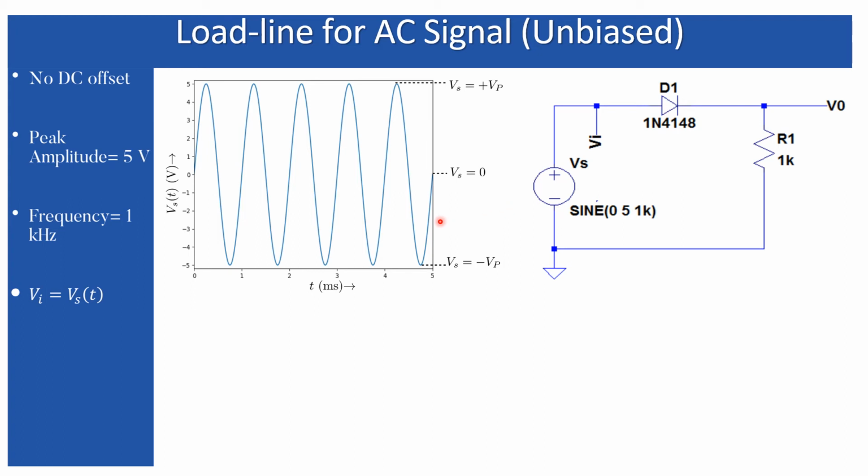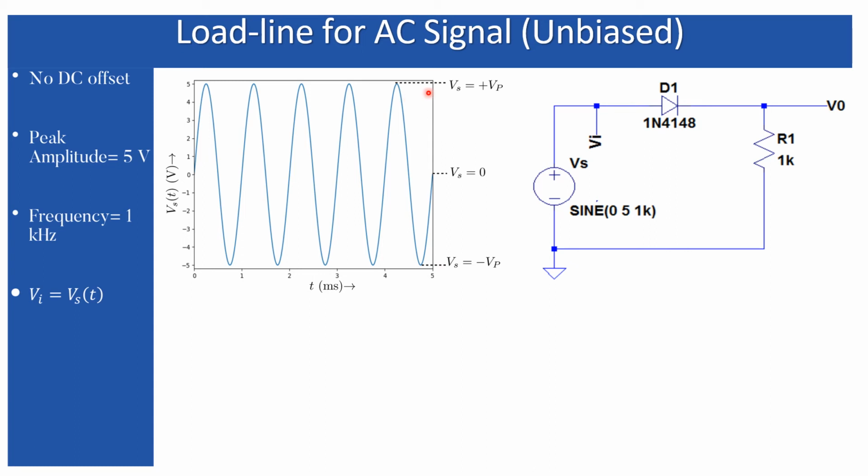That means there is going to be an infinite number of load lines, which can be visualized as a cloud of load lines around a particular range. The range is 5 volt to minus 5 volt, because this is the extreme voltage on the positive side, and this is the extreme voltage on the negative side.